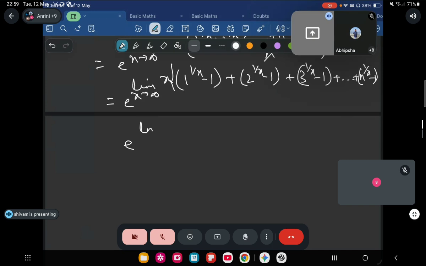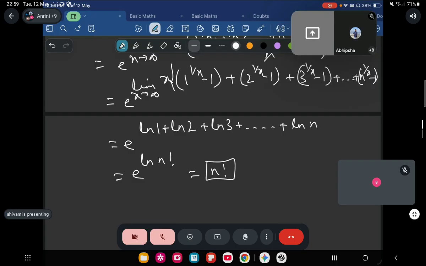This will become e to the power ln1 plus ln2 plus ln3 plus dot dot dot plus ln n. This will become e to the power ln n factorial, which is equal to n factorial. Tell me, are you people getting it?